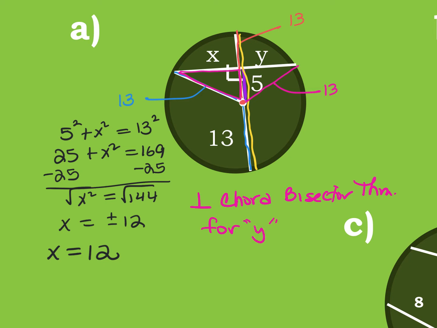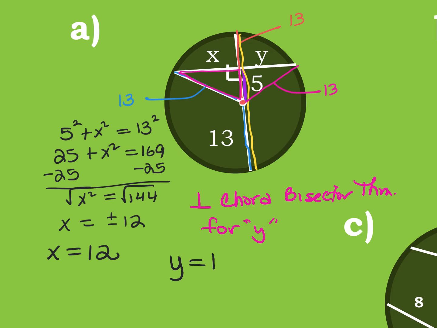What this one states again is if a diameter of a circle is perpendicular to a chord, then the diameter bisects the chord and its arc. So that tells me that x and y are equal. So x is 12 and so is y.